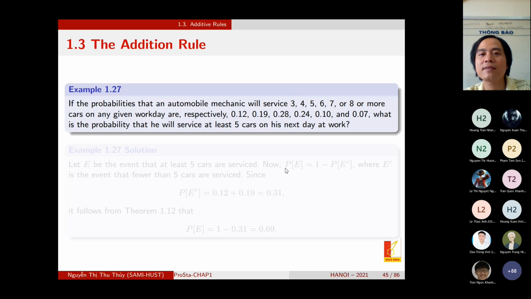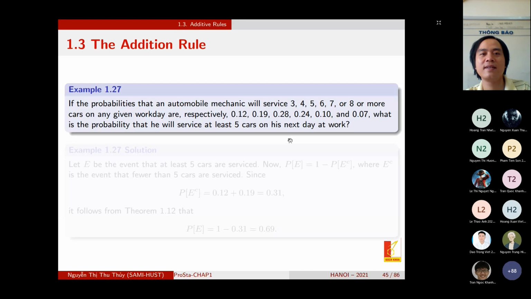Can you slow down a little bit? Can you summarize the assumptions here, and then what do we need to calculate? Yeah, the first thing is that I will consider the complement of the event that he will serve at least 5 cars. So the complement of this event will be the event that he will serve 3 cars a day or 4 cars a day.